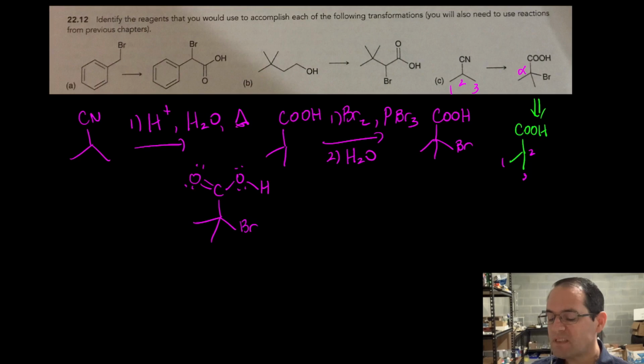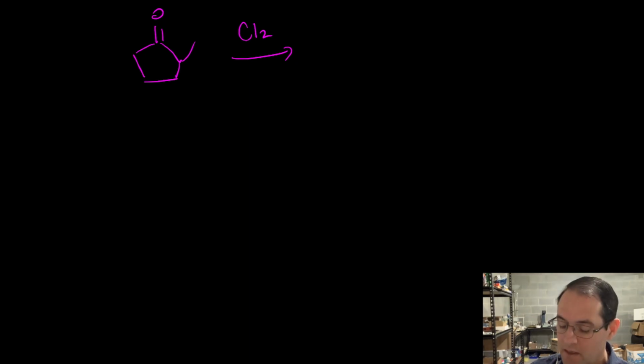Okay, let's continue with the chapter here. Next, we want to talk about alpha-halogenation under basic conditions. So we've already talked about how you can take something like this and treat it, for example, with chlorine and acid. And we pick on the more substituted alpha carbon and replace that group with a chlorine.